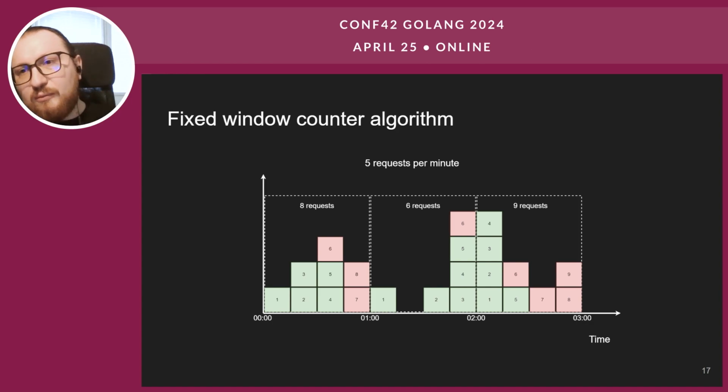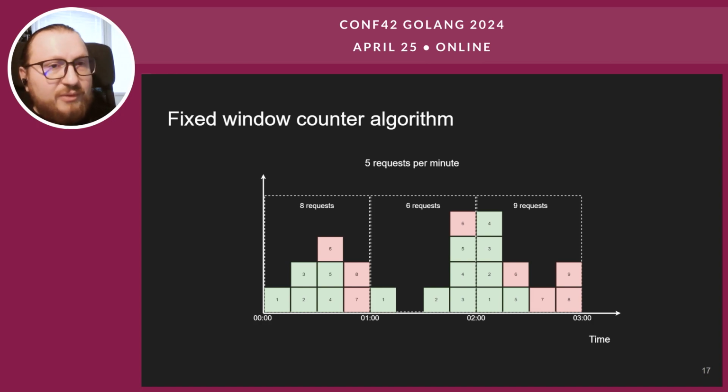If the request falls within the current window, the counter for that window is incremented by 1. Otherwise, a new window starts, the counter is reset to 0 and incremented by 1, and the start time of the window is updated. Then, if the counter value is less than or equal to the limit, the rate limiter allows the request to be processed. Otherwise, the request is dropped if the counter value exceeds the limit.